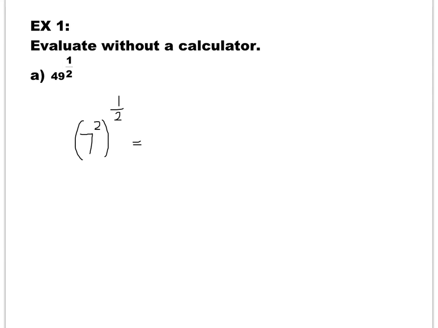You remember, power to power, we are going to multiply the exponents. So this is going to be 7 exponent 2 times 1 over 2, which is exponent 2 over 2. You multiply 2 and 1 over 2, which is going to be 7 exponent 1, which is 7. So that's the first example.